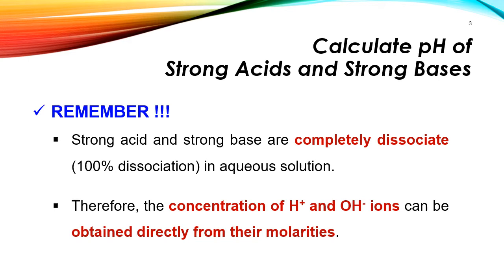Therefore, the concentrations of the hydrogen ions and the hydroxide ions formed can be obtained directly from their molarities, which means the concentration of H plus and OH minus ions produced after the dissociation is equal to the concentration of the acid and base that has been introduced during the reaction.